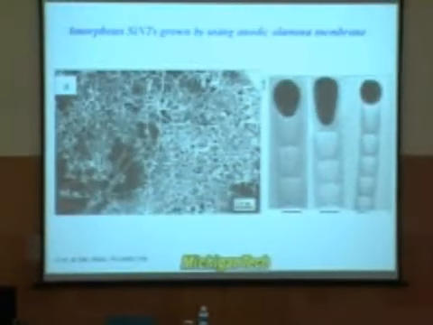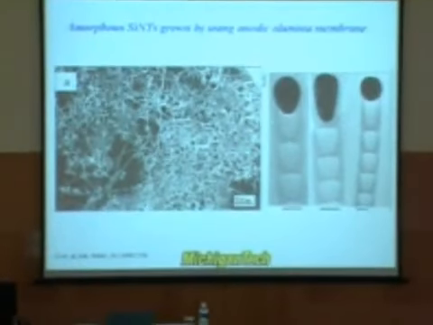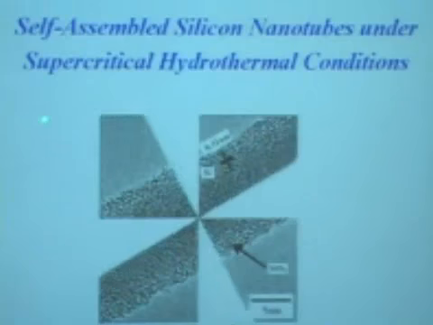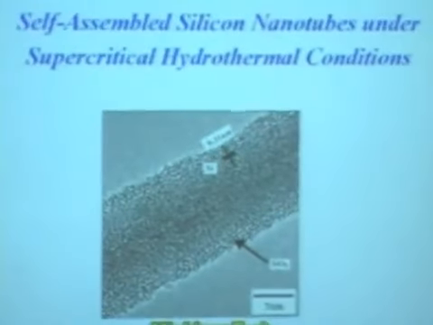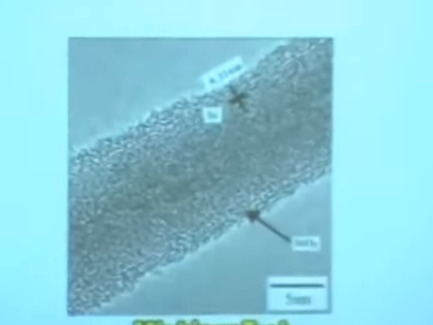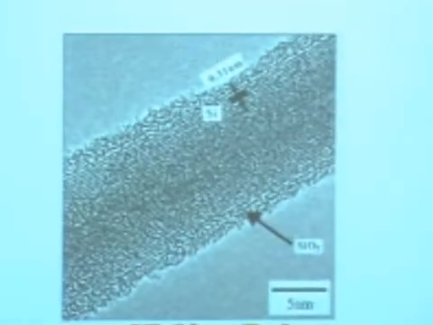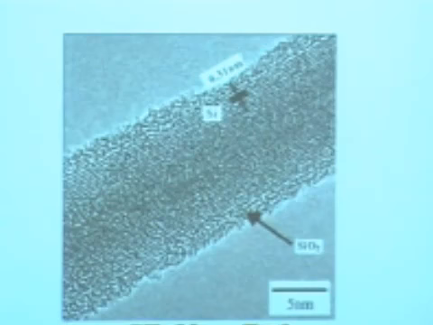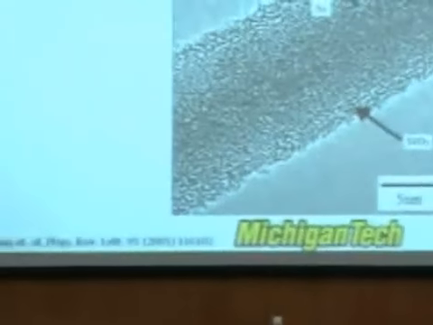Same thing here, they form tubes, but it's a bamboo shape. Year 2006 in Advanced Materials. And eventually, we have a report on supercritical hydrothermal conditions. They found that they can form sp2 structures, but they claim that it's a mixture of sp2 and sp3, which I don't understand, all right? Physical Review Letters, year 2005.